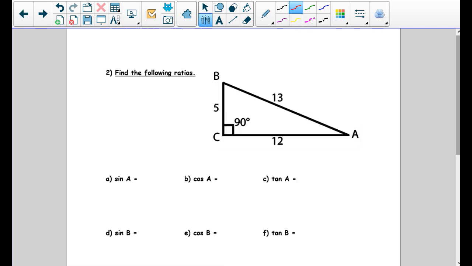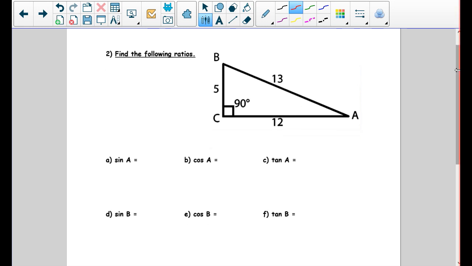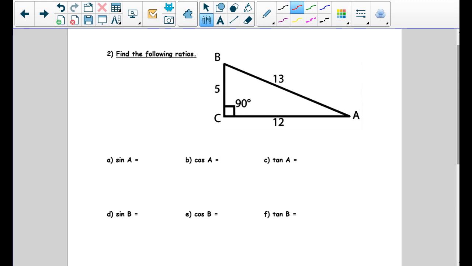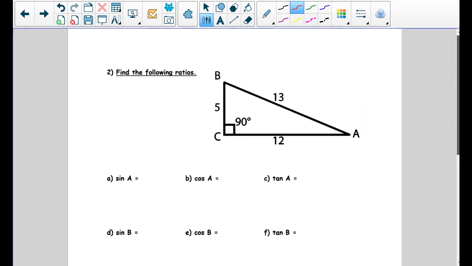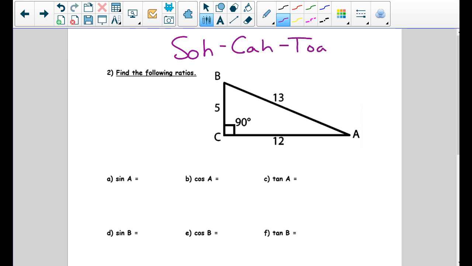Alright, take a look on the back. So the back is basically what we're going to be looking at. So again, looking at SOHCAHTOA, I'm looking at sine of angle A. If this is the angle I'm looking at right now, sine says opposite over hypotenuse.